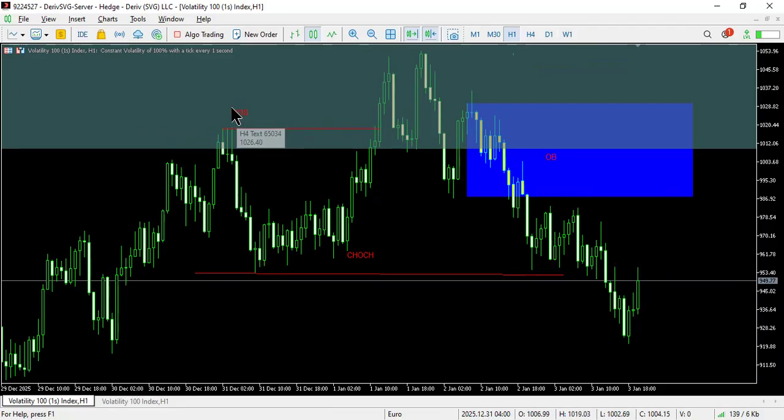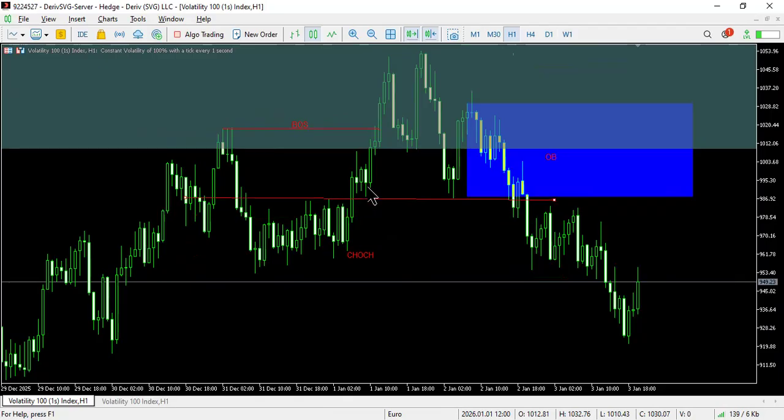So that was the last break of structure to the upside. However, the buyers could not maintain the momentum, and the sellers came in at this point where there was a change of character, because buyers were supposed to maintain structure by forming clear higher highs and higher lows.